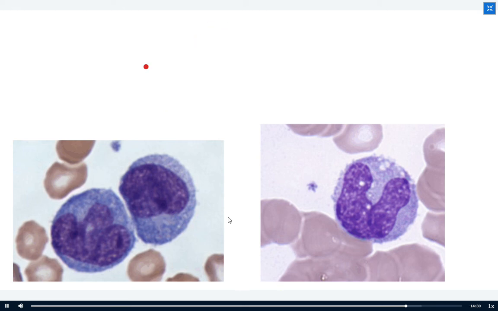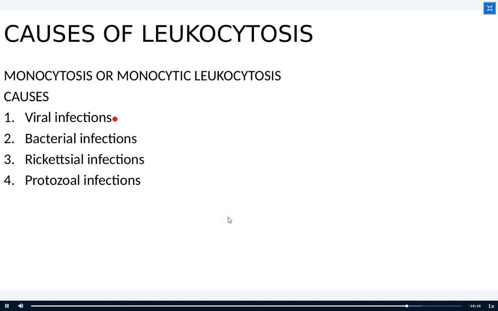Ma-identify niyo yan agad, class. Pag sinilip niyo sa microscope, sobrang laki. Then monocytosis can be seen in viral, bacterial, rickettsial, and protozoal infection. So your monocytes, class, is more of an all-around WBC.